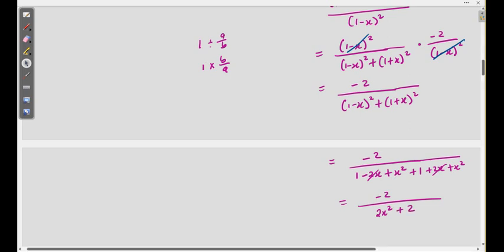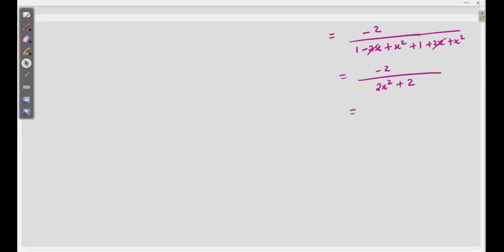Nice stuff. Hope I'm not leaving anything. Then you are still going. You can take 2 as a common factor and say x squared plus 1. So that they cancel, your final answer should be negative 1 over x squared plus 1 as the derivative.